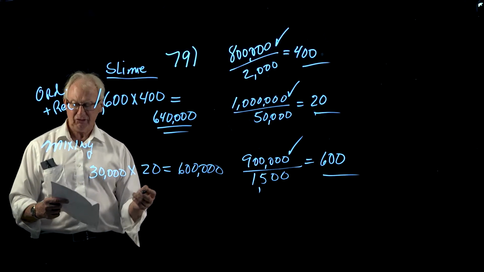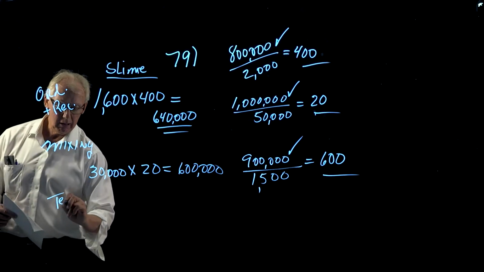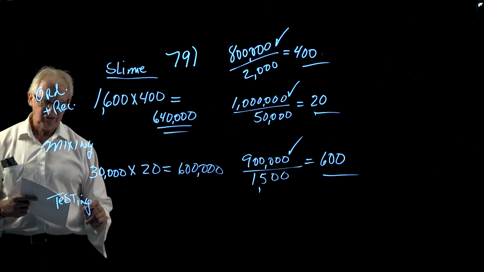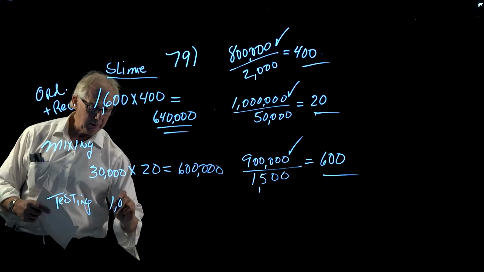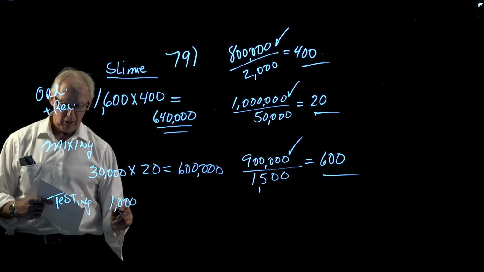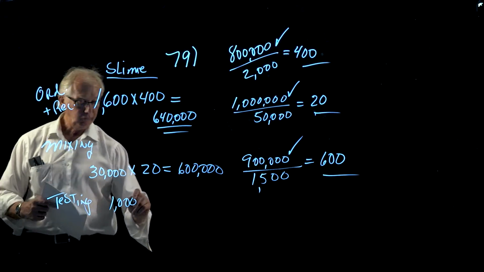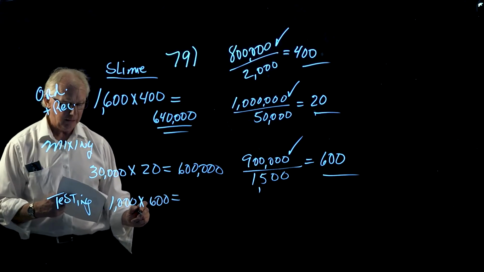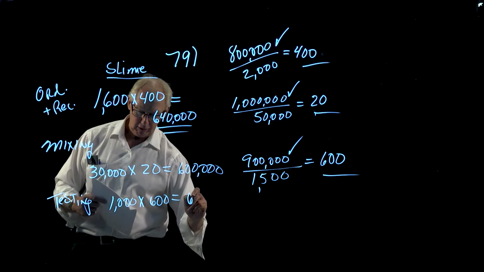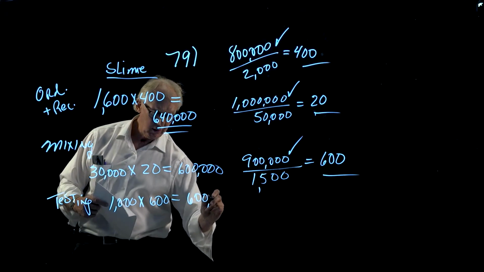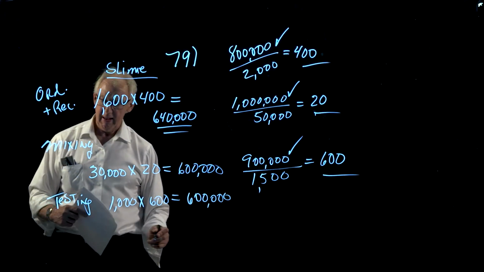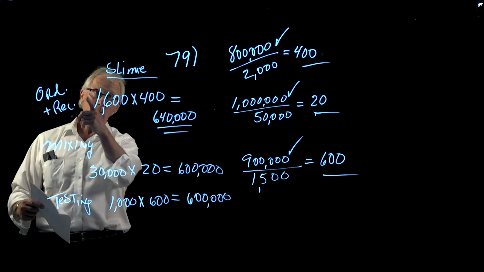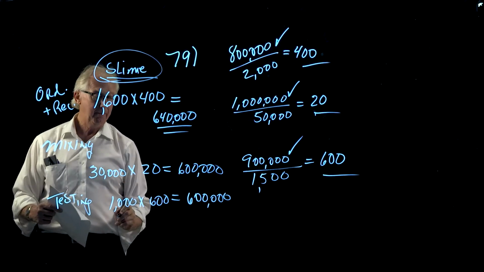And now last we have testing, and we see that testing uses 1,000 moves, and our testing rate was $600 per move, so that gives us $600,000 of overhead for testing allocated to the testing driver for the product slime.